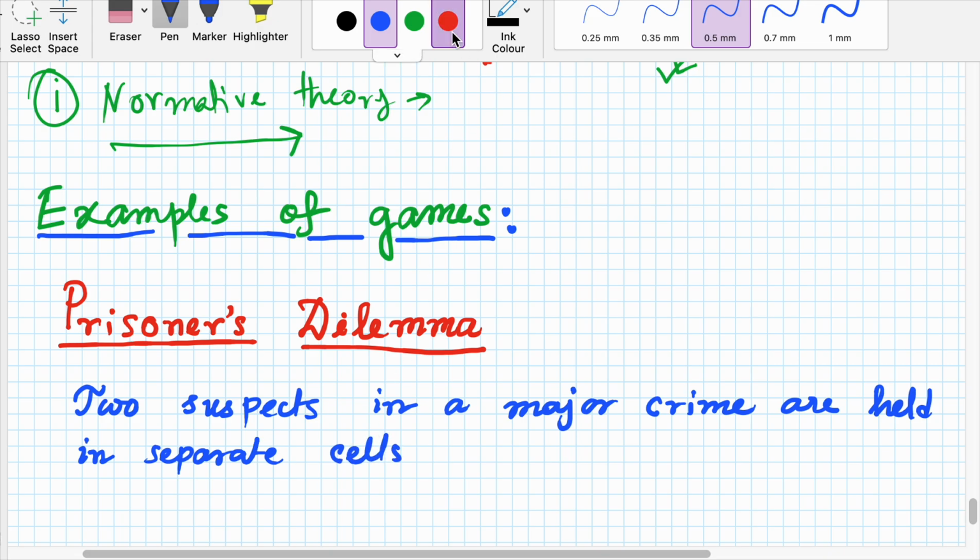This point is very important. Two suspects in a major crime are held in separate cells. Why is it very important?